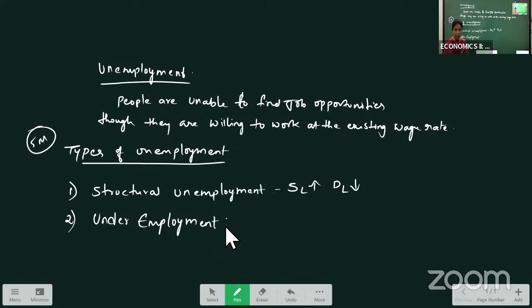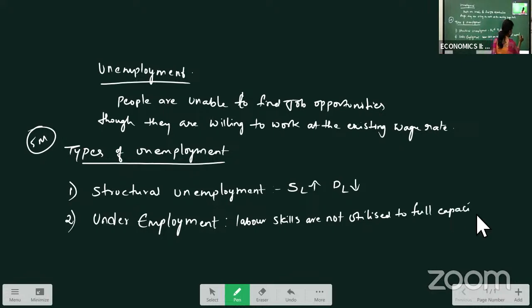Though we have labor, we are not utilizing them at the fully efficient level. So here we can say labor skills are not utilized to full capacity.